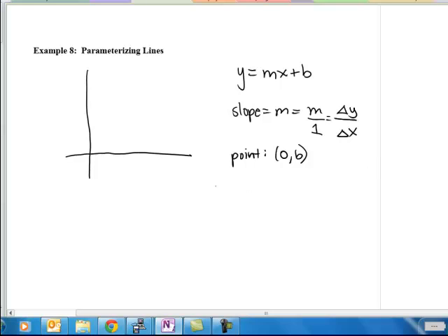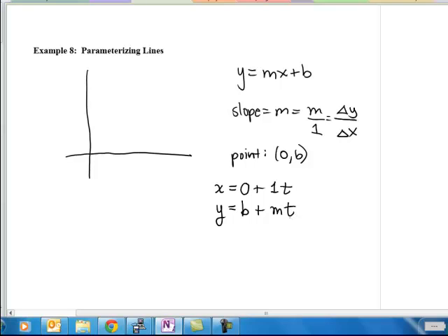Then what we could do is take a parameterization of the line to be x is the x-coordinate of the y-intercept plus the coefficient on the change in x, which in this case would just be 1, times t, and y would be the y-coordinate of the y-intercept plus m, that coefficient on t.